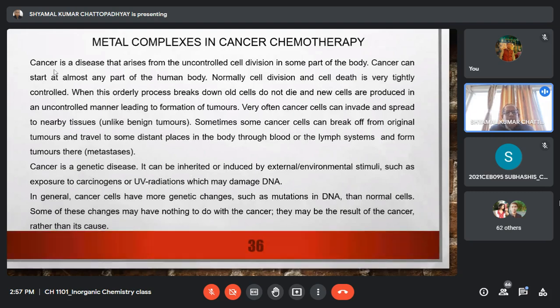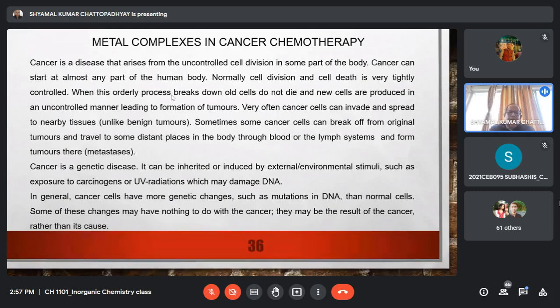And due to the modification of the gene, this orderly process of cell division and cell death breaks down, and as a result old cells do not die and new cells are produced in an uncontrolled fashion. Whenever the control over cell death and over the growth of new cells is lost, it may lead to formation of tumors which may become cancerous.